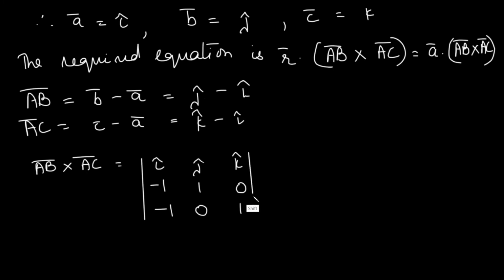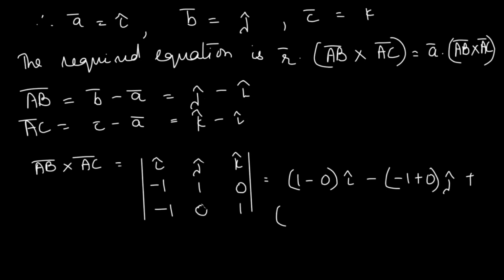So solving it further, we are going to get (1 minus 0)i minus (minus 1 plus 0)j and plus, instead of k, 0 plus 1 k. So we get i plus j plus k upon solving it.